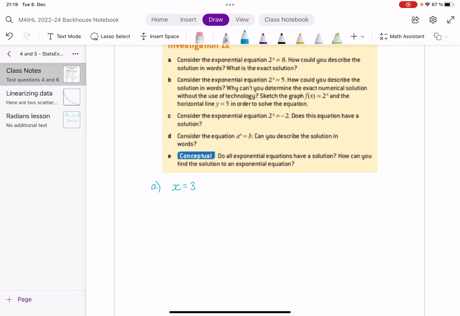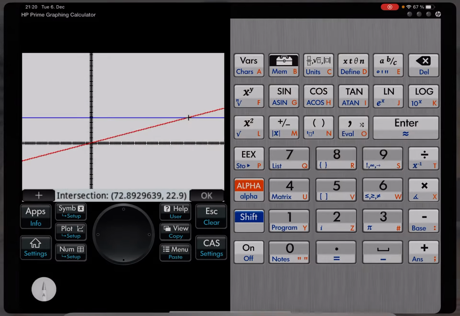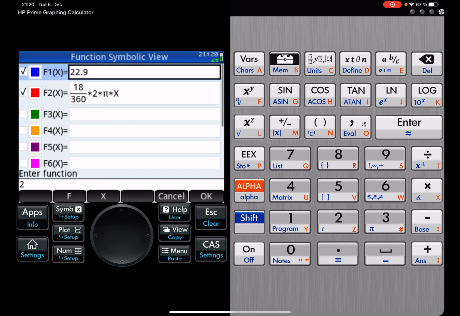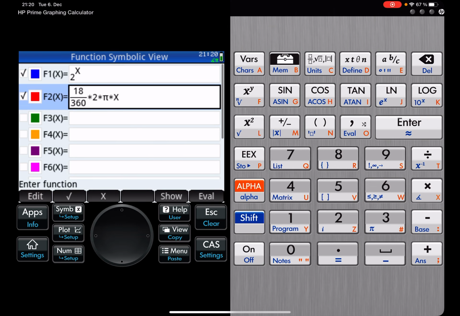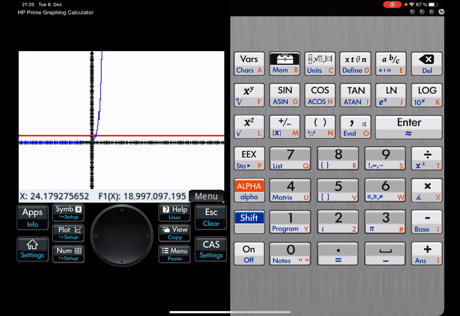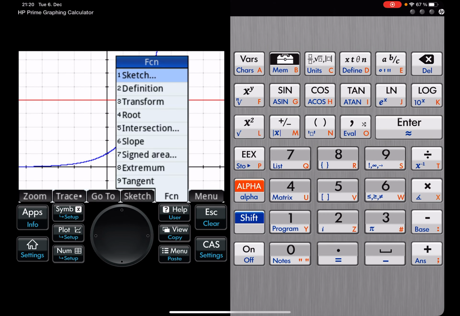What we're going to look for first of all is how we can find an approximate solution. And of course that's to use our calculators. We can solve that quite easily just by graphing 2 to the power of x and 5 and looking for our intersection.